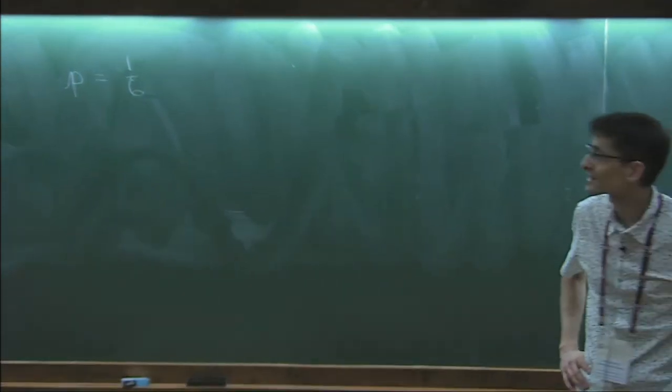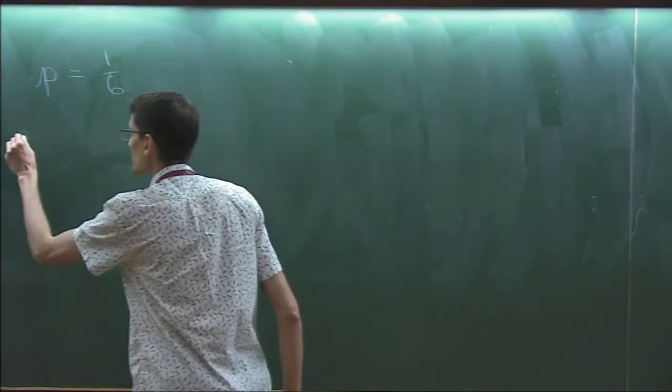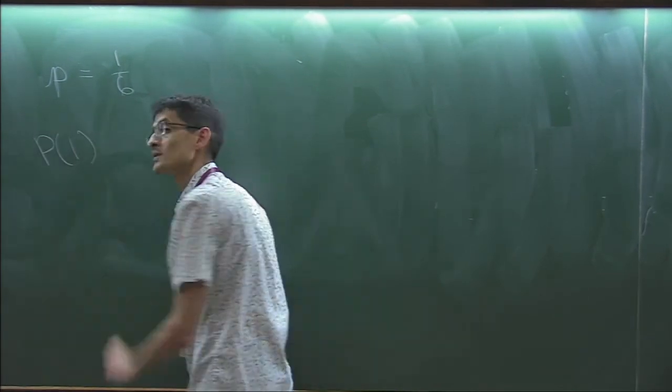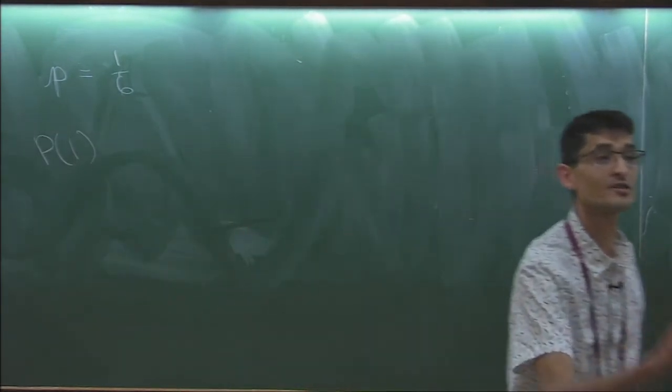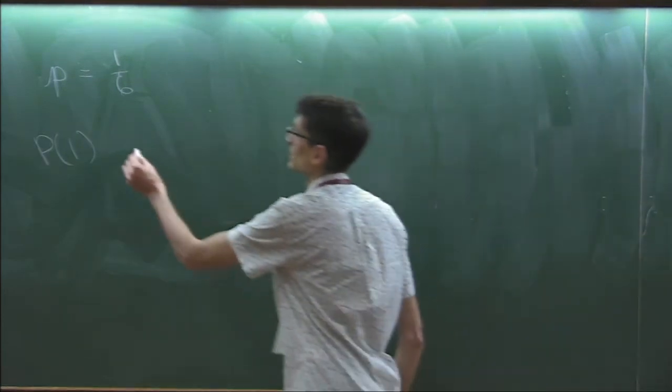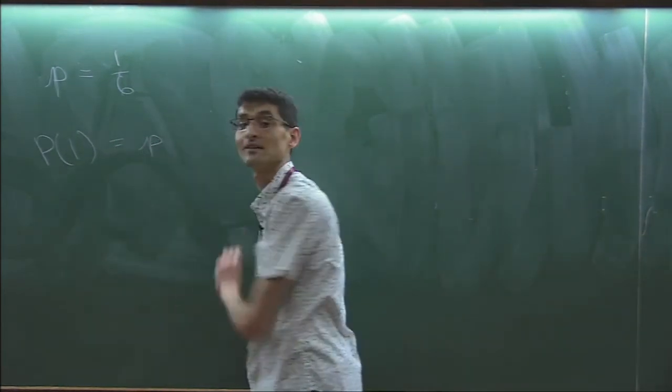That's the chance of me seeing a 3 on any one turn. So what is the chance that I would see my 3 on my very first turn? 1/6. I'm just going to call it P, okay? What is the chance that I wouldn't get it until my second turn, that I would get it exactly on my second turn?